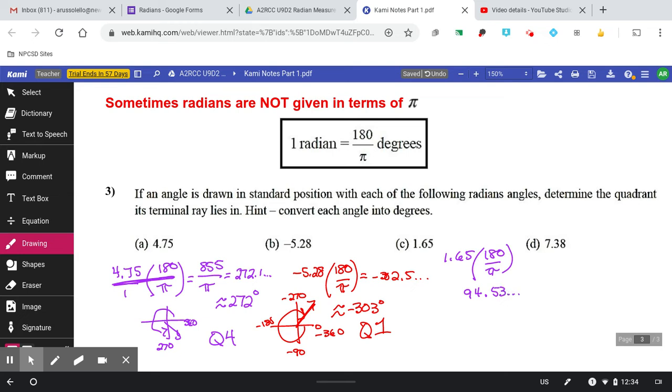Now, what you want to do here is you want to pause the video and do this calculation on your own and make sure you're getting the same thing that I'm getting. I'm going rather quickly because I figured this out ahead of time. All right, so that is approximately 95 degrees. Okay, now 95 degrees, remember, is between 90 and 180, so that would be in quadrant 2.